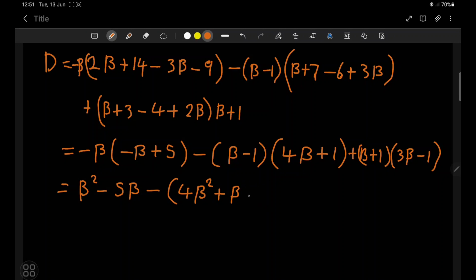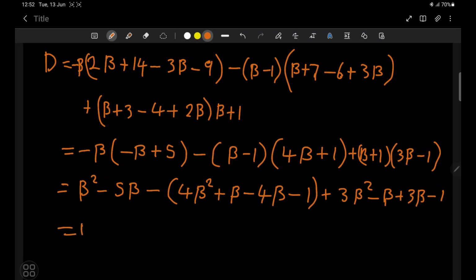Negative 1 by 4 beta will have negative 4 beta. Negative 1 by 4 will have minus 1 there. Then expanding also the other side, beta by 3 beta will have 3 beta squared. Beta by negative 1 will have negative beta. Then 1 by 3 beta will have 3 beta there. And then 1 by negative 1 will have a negative 1.